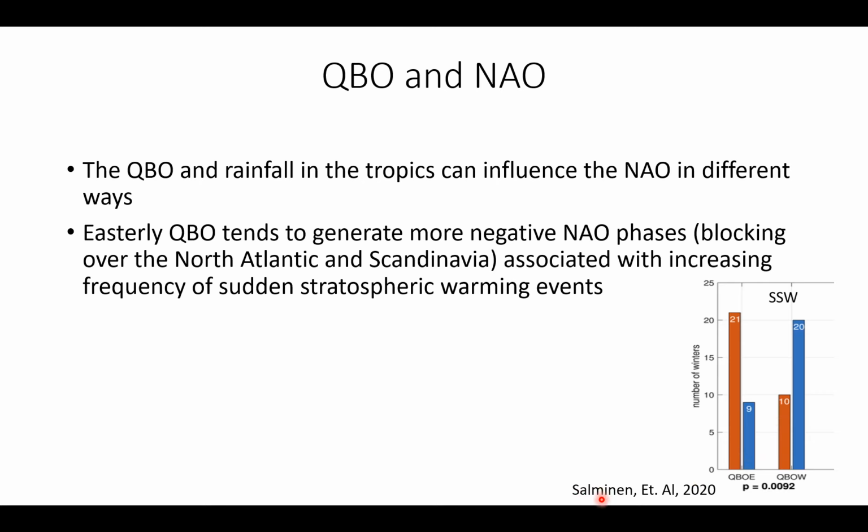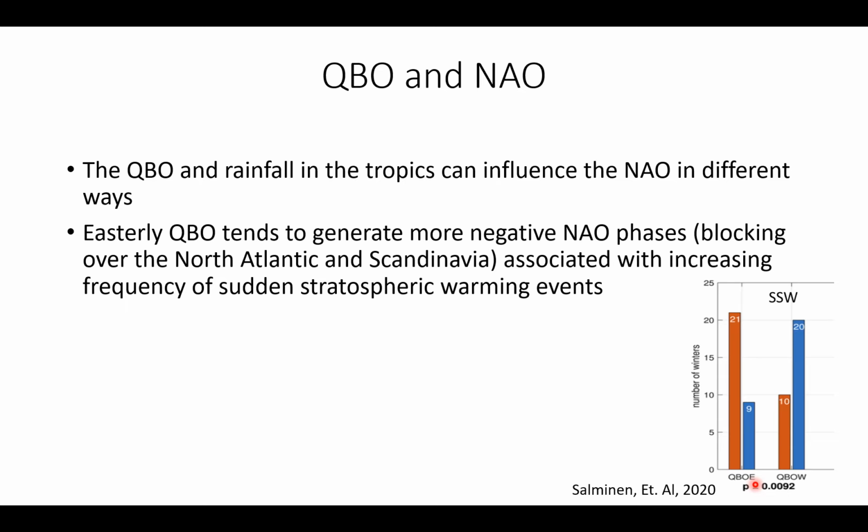This was produced by research conducted by Salminen et al. in 2020. This is showing you the frequency of sudden stratospheric warming events, and the number of winters is over here on the y-axis.